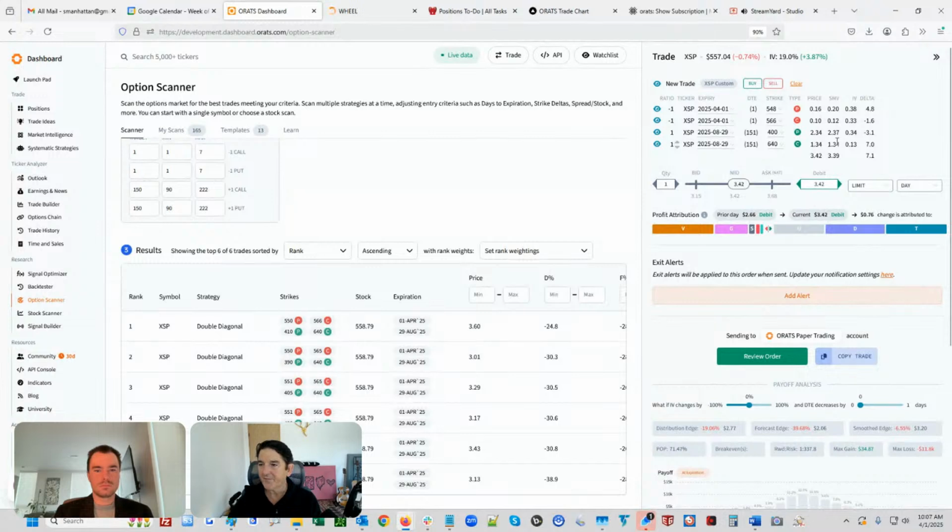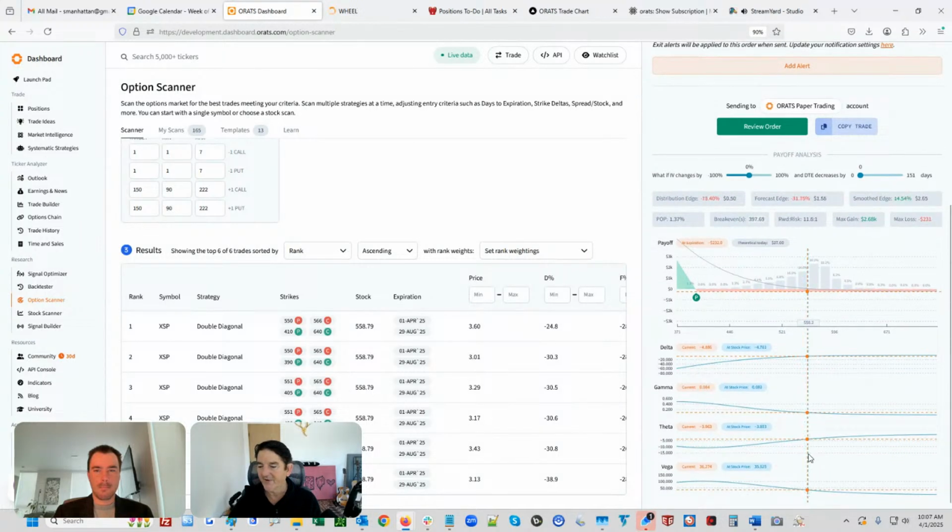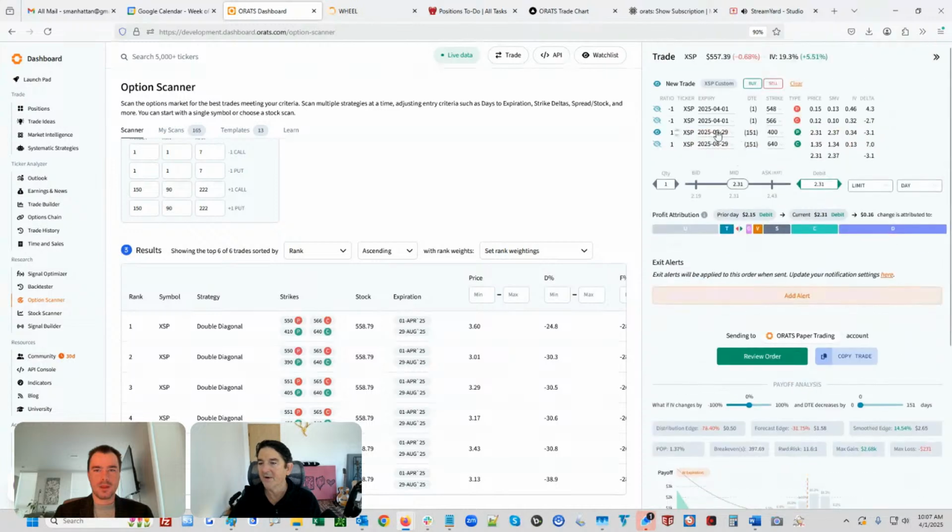And the theory about these things is, there's really very little theta in these options. So if you're doing the 400, there's very small theta in that particular option.